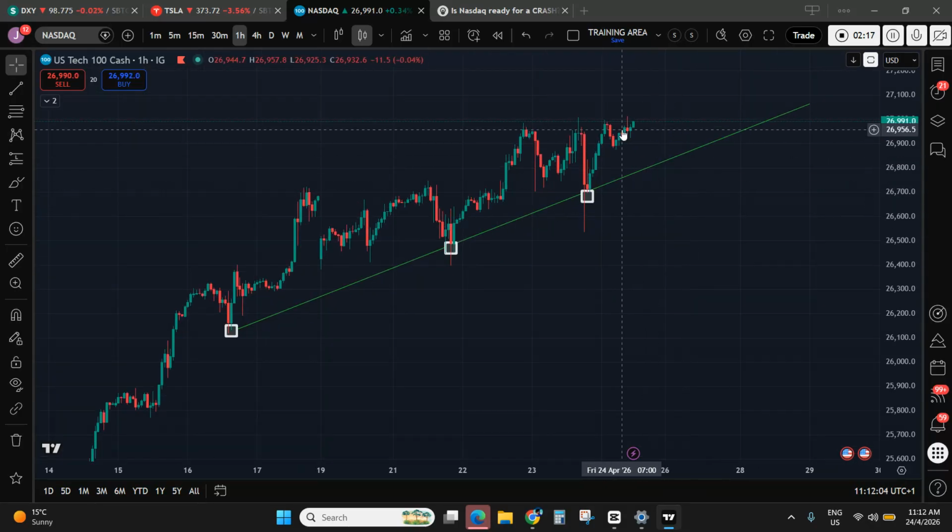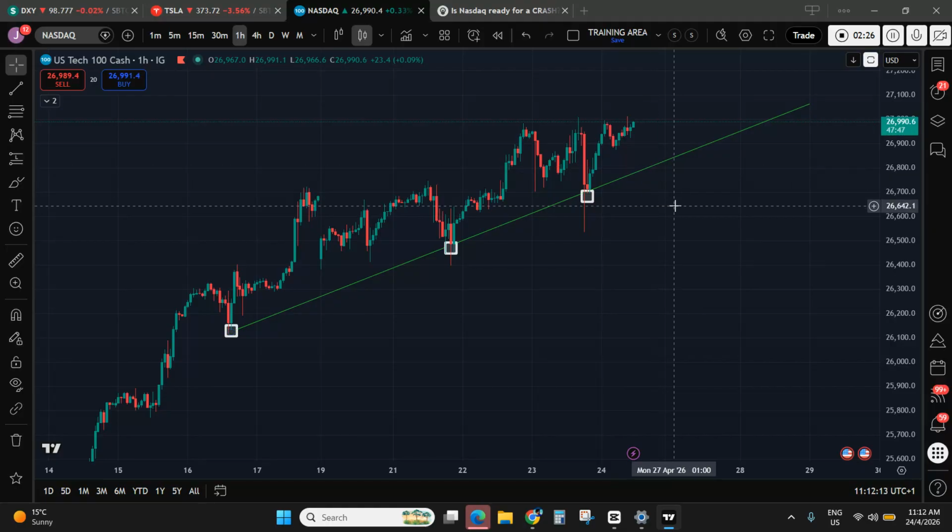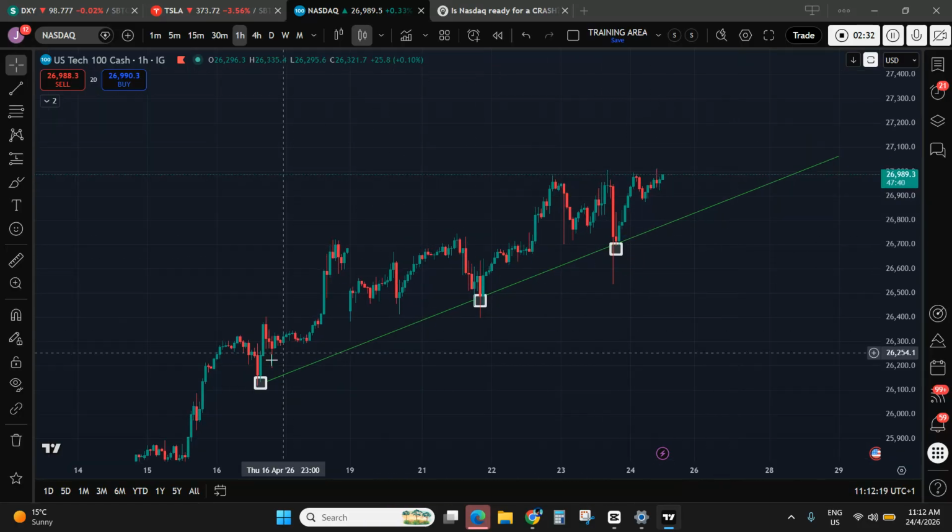So here for example we are in Nasdaq, and when the price comes towards this trend line, there are 90% chances that the buyers will step in, because this trend line is proven, it has confluence.